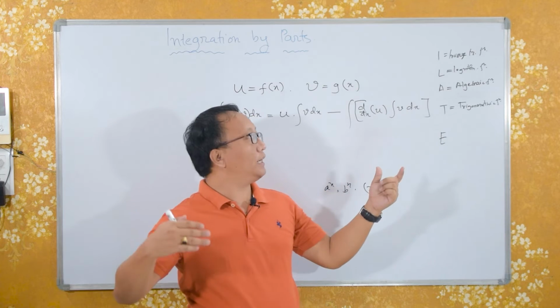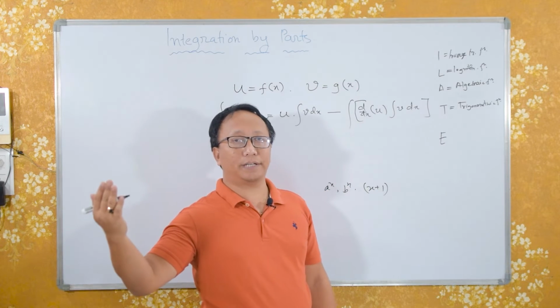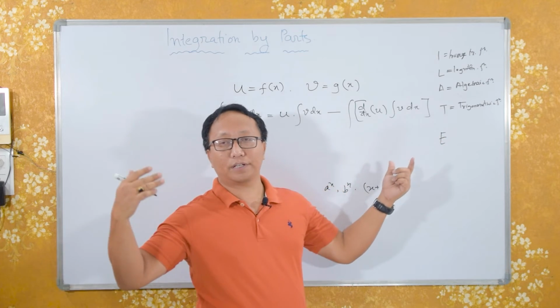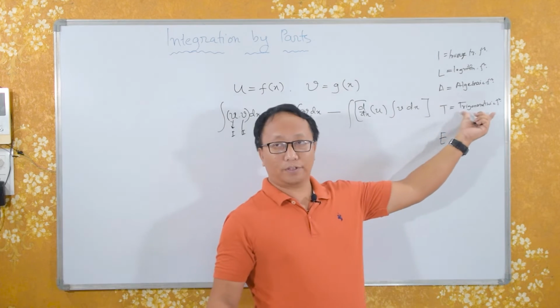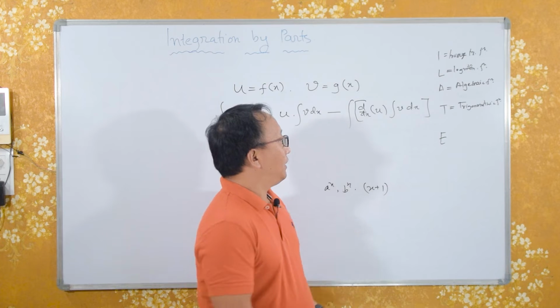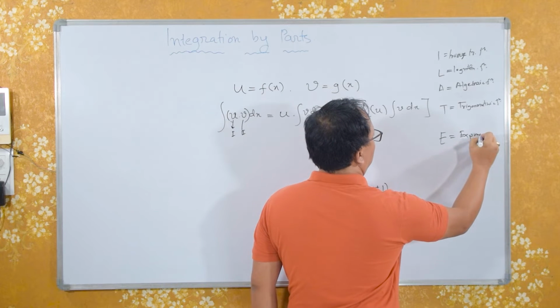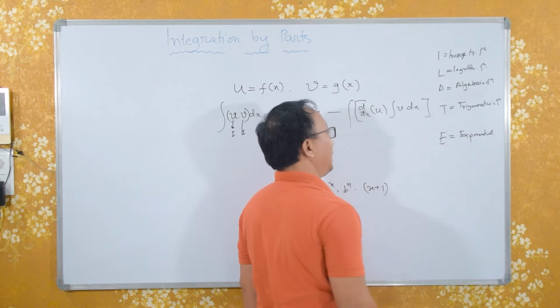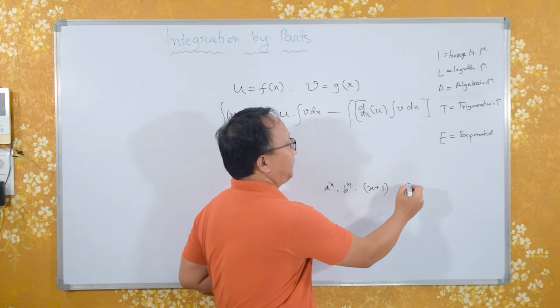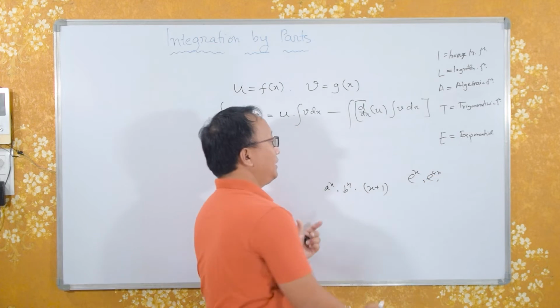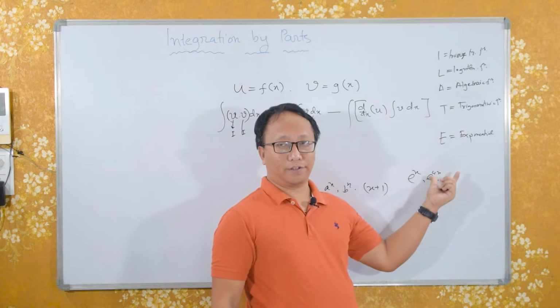Inverse trigonometric functions are, as I told you, sin inverse x, cos inverse x. But sin x, cos x, cot x are trigonometric functions. Last is the exponential functions, which are functions of the type e raised to x, e raised to ax. These are all exponential functions.